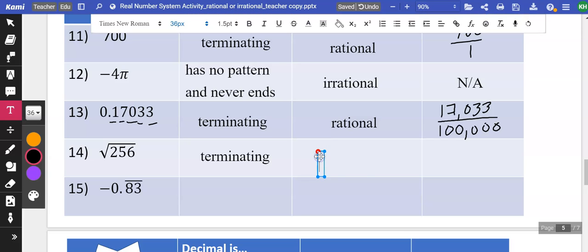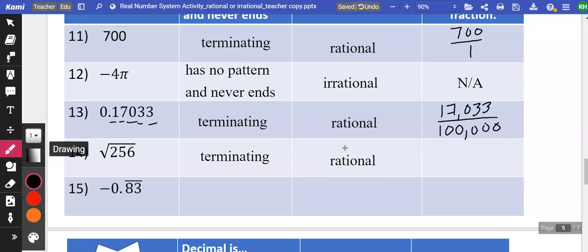So that means that this is a rational number. And if I were to write this as a fraction, I would write 16 over 1, that's one answer option, or negative 16 over 1. Those are both answers to the square root of 256.